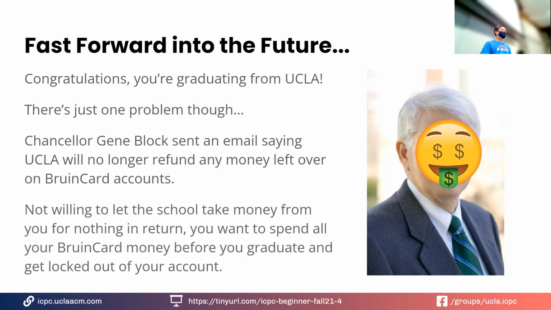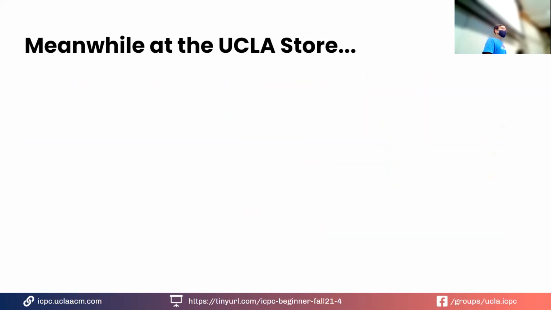But you're not willing to let that happen. You don't want to let the school take any money from you anymore for nothing in return. So you're going to try and spend all the money in your Bruin card before you graduate and get locked out of your Bruin card account. And so you rush over to the UCLA store, like Bruin Walk.